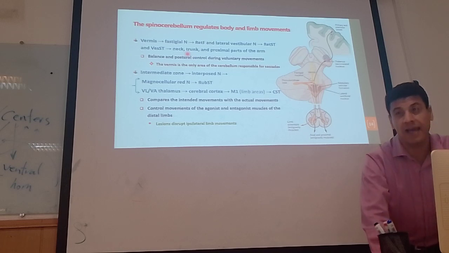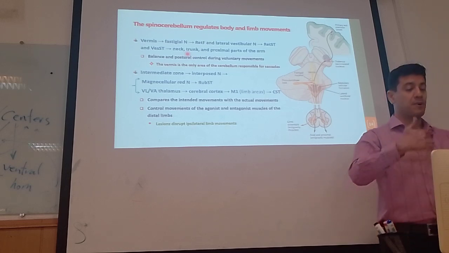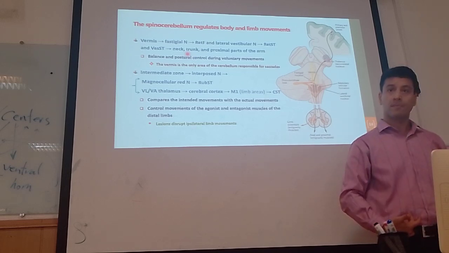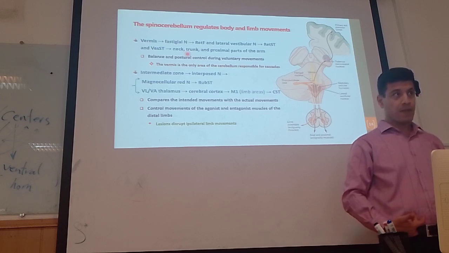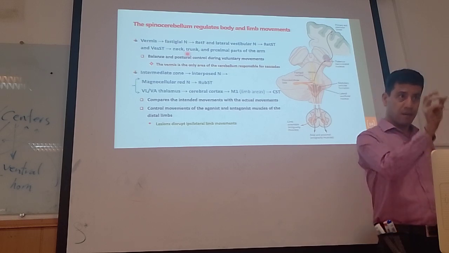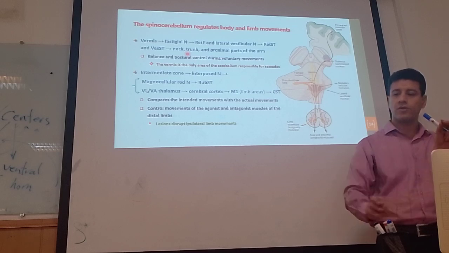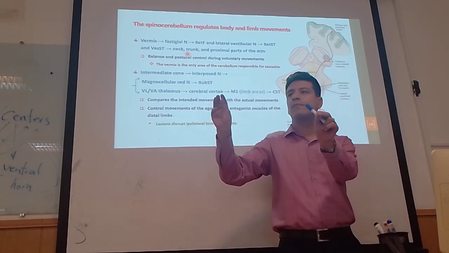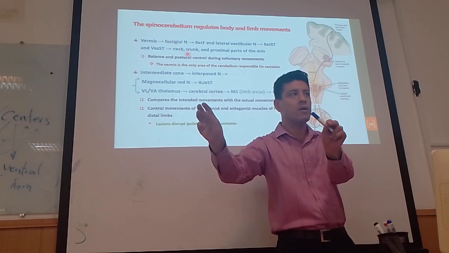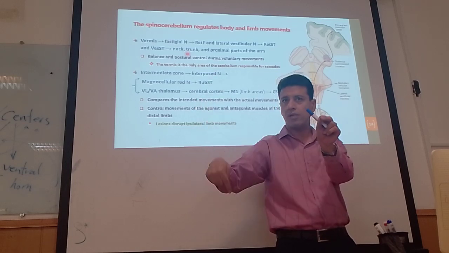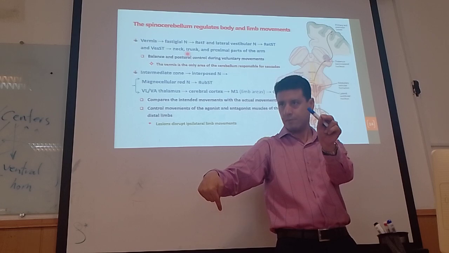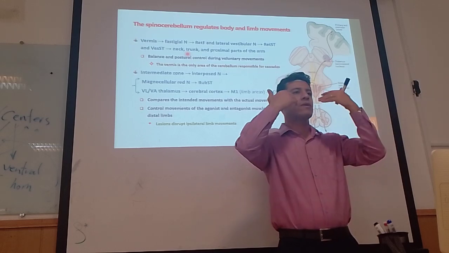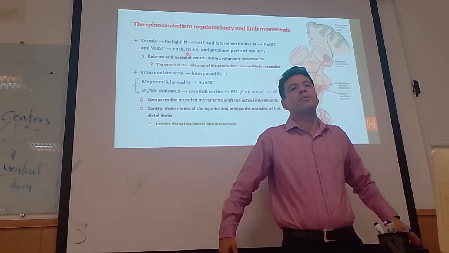Right? Remember again, in the vermis we have a map of the axial muscles. Right? So from this part and from the vermis, information goes to the fastigial nucleus, to the reticular formation, vestibular nuclei. Reticulospinal, vestibulospinal. Right? Contraction of the axial muscles, proximal muscles.